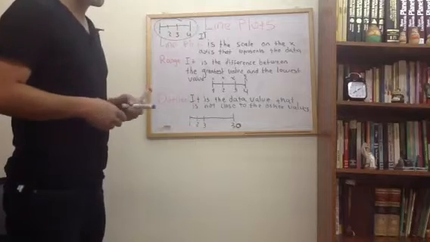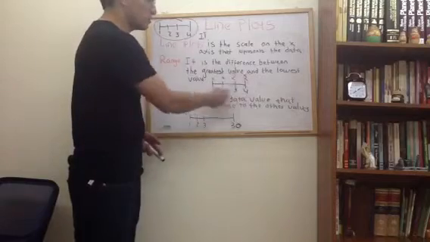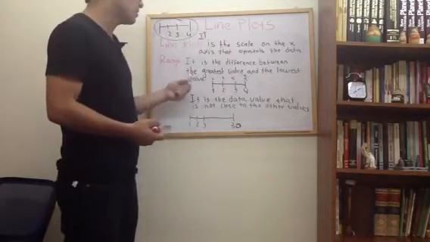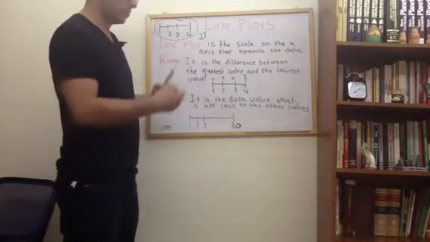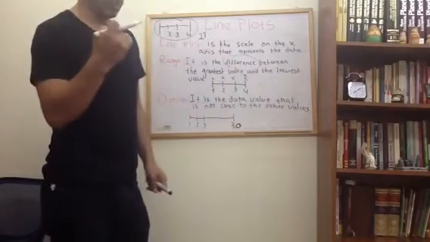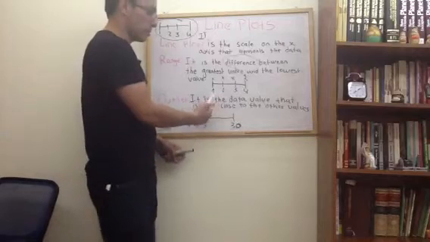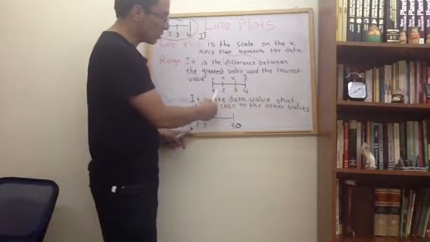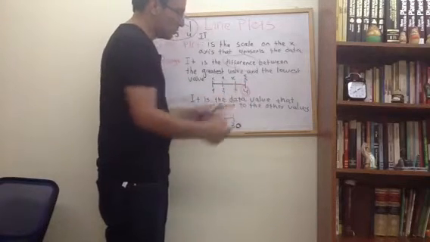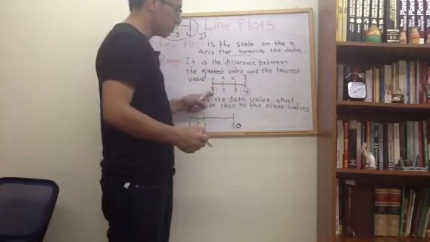The range. The range is basically quite easy. Once you have the line plot or graphic, it's the difference between the greatest value and the lowest value. So when we're speaking about difference, we're speaking about subtraction, all right? What is the greatest value here? If we have in the line plot 1, 2, 3, and 4, we take the greatest value, which is 4, and the lowest value, which is 1.